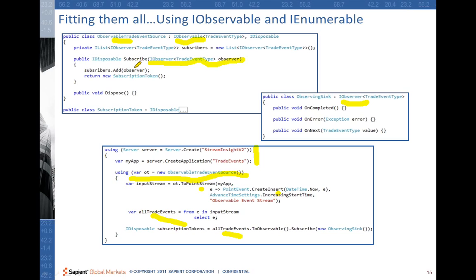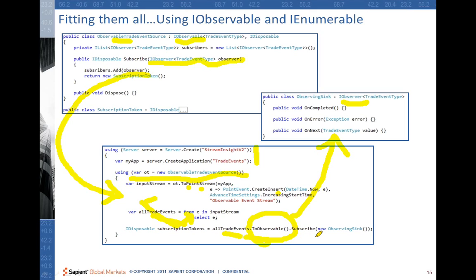So this query actually creates an observable point stream from this observable, and this is applied over this query, and then this query is made as an observable here, and then this is actually pushed to the sink. So the sink would actually subscribe to this.